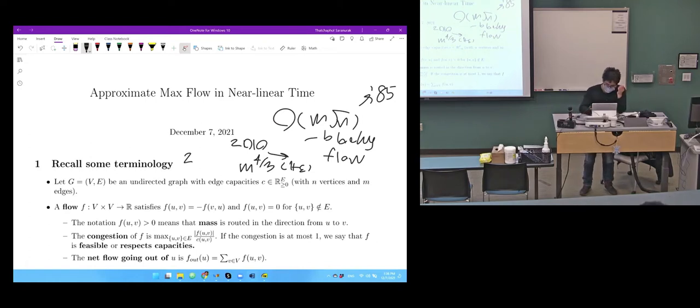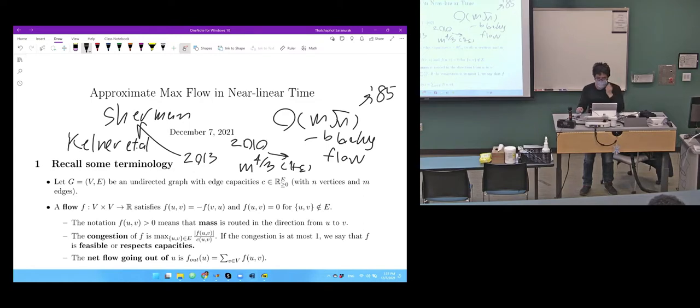Sometime around this, there were two different groups. One is Sherman, and another one is Kelner et al. They managed to get approximate MaxFlow in nearly linear time. And today I will show you this algorithm.